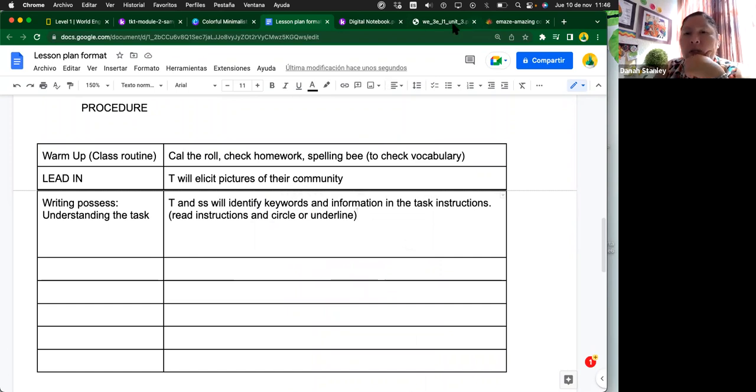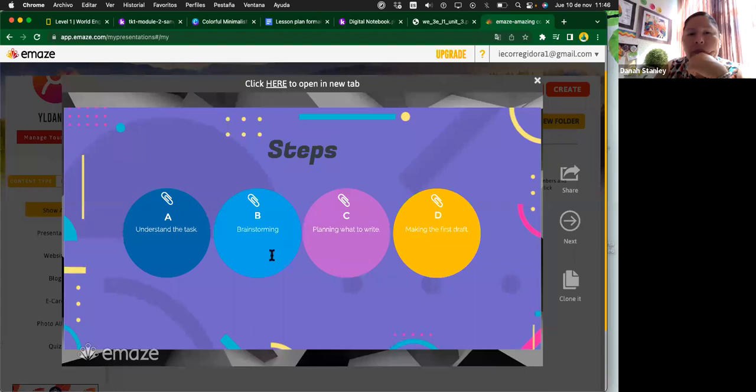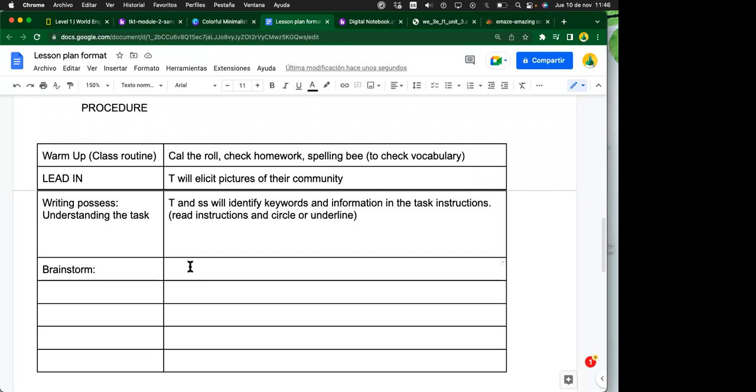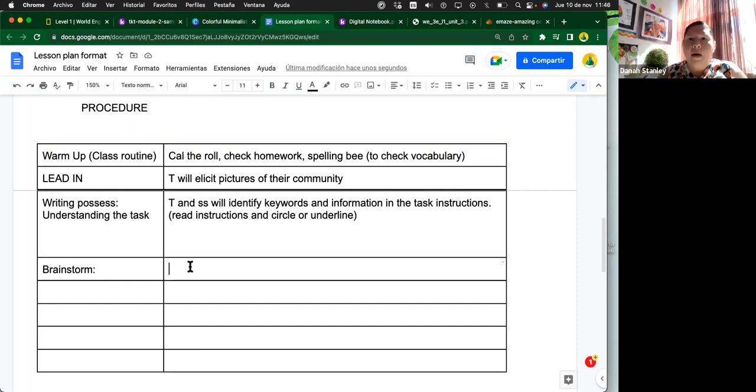What is the following step? Brainstorming. They are going to do it individually, in teams, or the group as a whole. Can be as a whole.